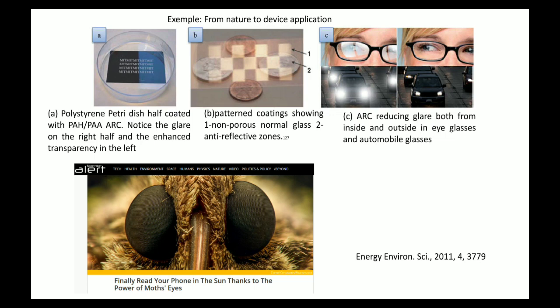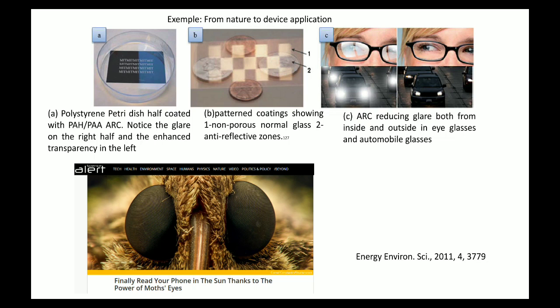So what is this anti-reflective coating? Can we make a very thin coating of nanomaterial which will reduce the reflection coming from the surface of the material? If we reduce the reflection, then the transparency increases.